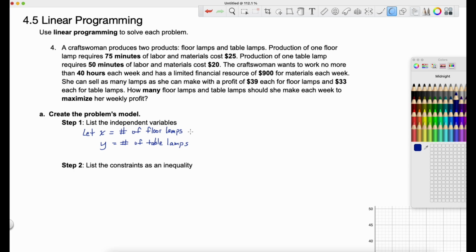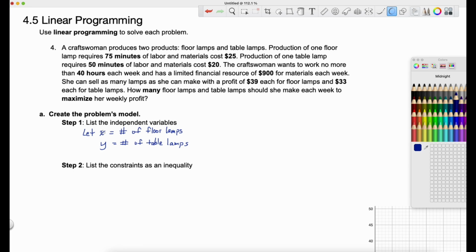All right. So, I put a chart to help organize information last time, but we have a couple of constraints here. So let's take a look at the time constraint first, right? It takes her 75 minutes to make one floor lamp.